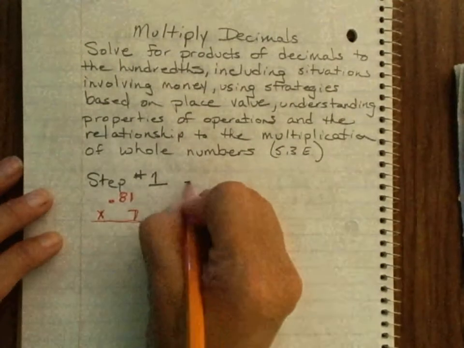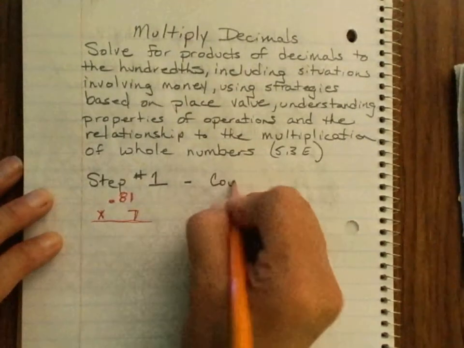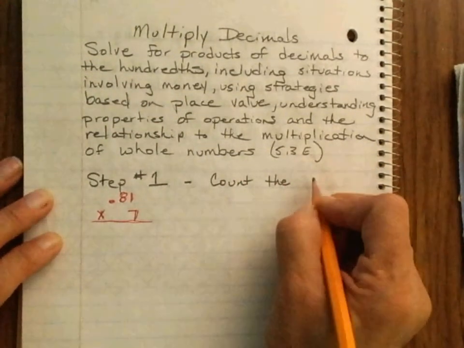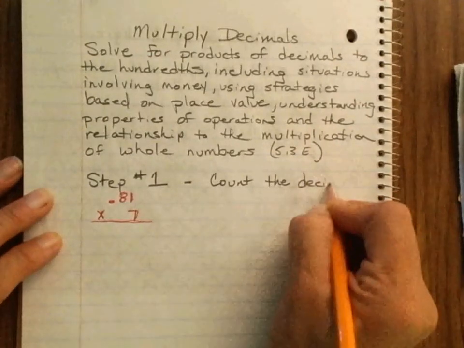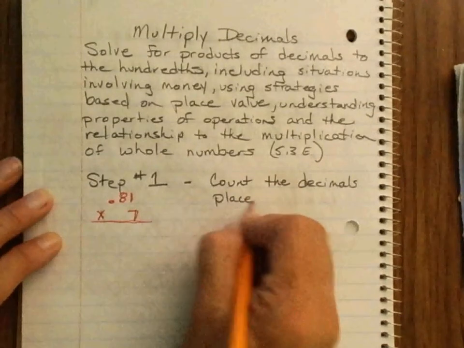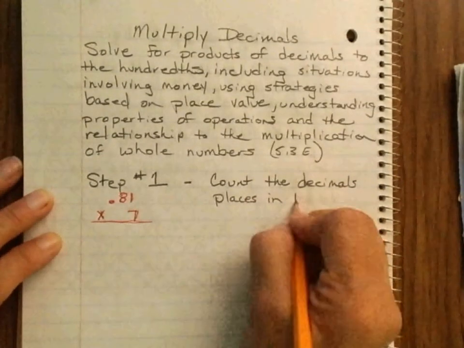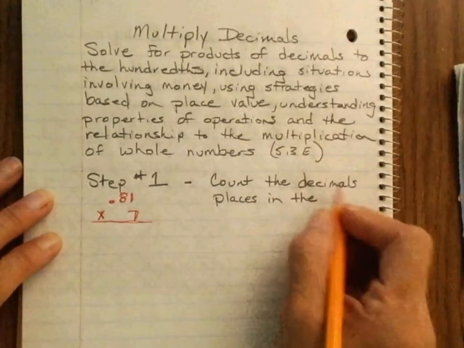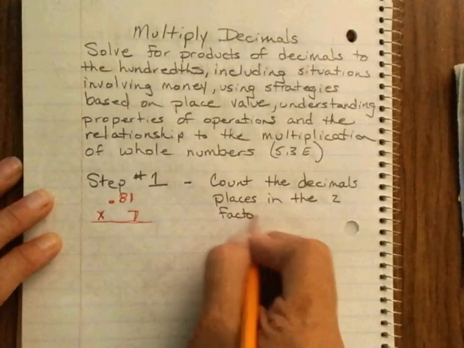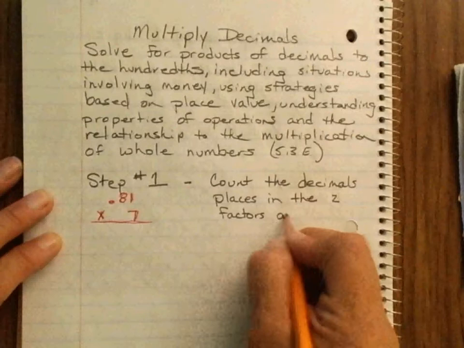Okay, so my first step is to count the decimal places in the two factors, and write that off to the side.